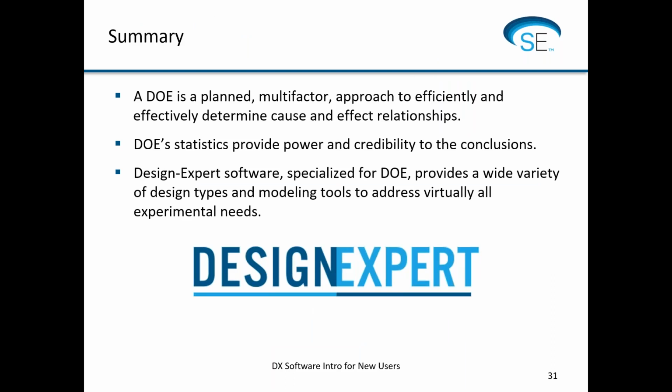So in summary, a DOE is a planned multi-factor approach to effectively and efficiently determine cause and effect relationships. The statistics in DOE provide the power and credibility to the conclusions. And Design Expert is specialized for DOE and provides a wide variety of design types and modeling tools to address virtually all experimental needs.